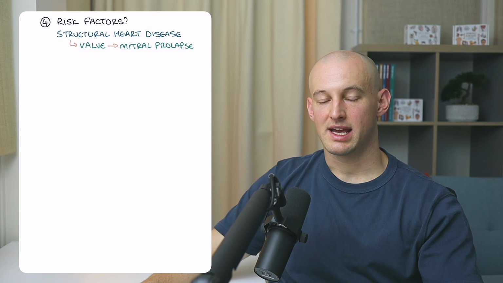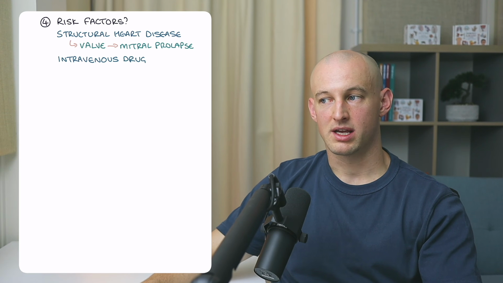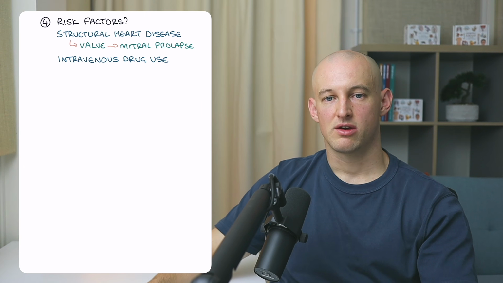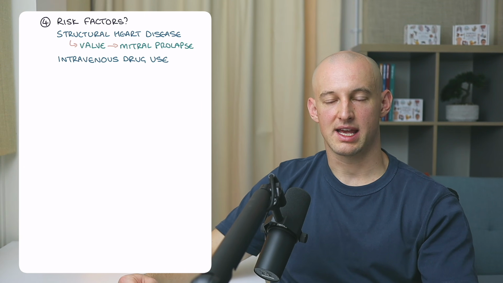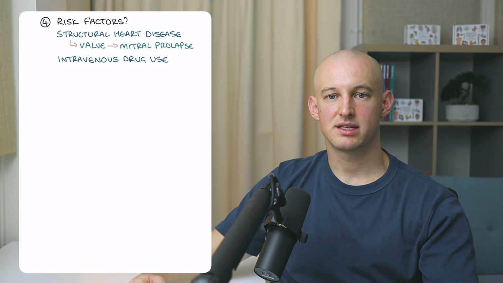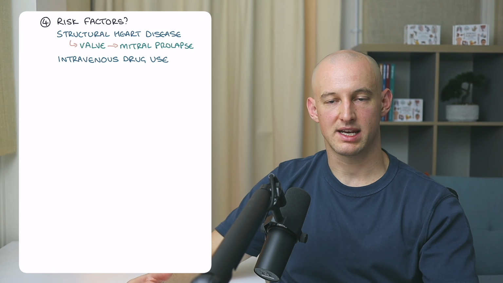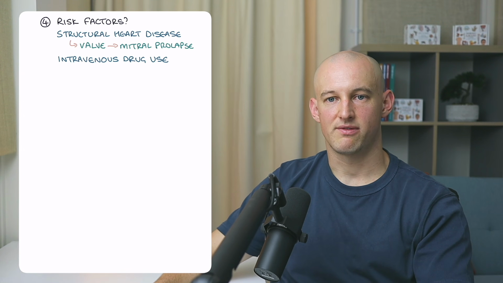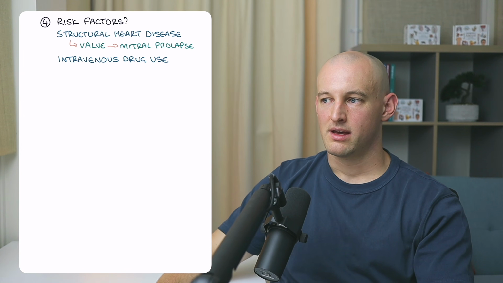The second one is intravenous drug use. So if you imagine somebody injecting intravenous drugs with a needle that's potentially dirty and then introducing bacteria into the venous system, that then travels to the heart and causes infective endocarditis.